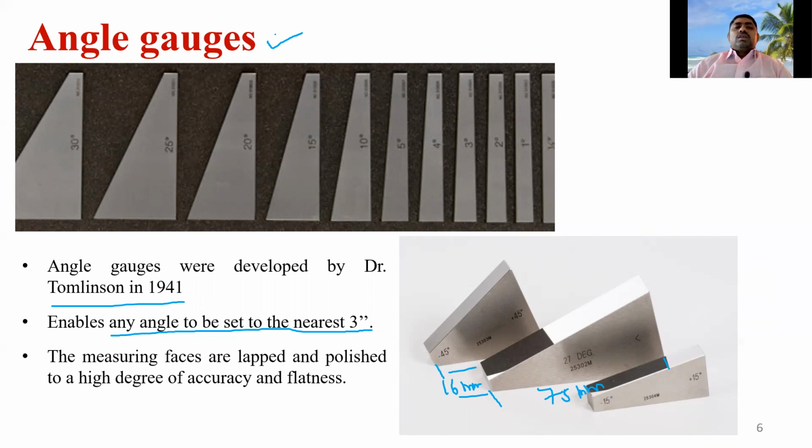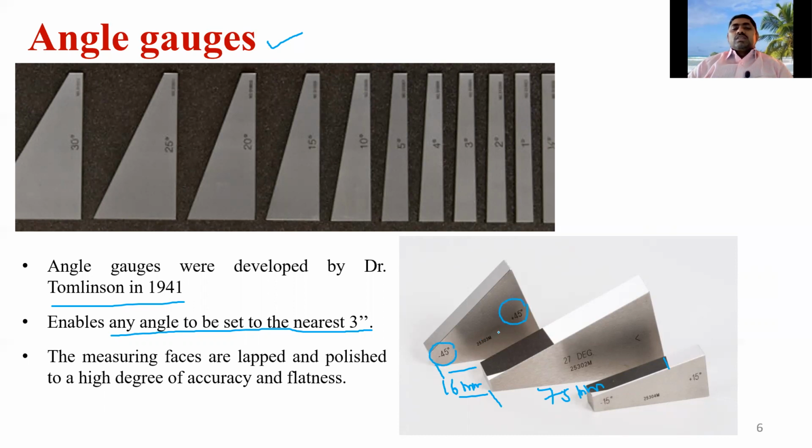These angle gauges differ from the linear slip gauges or linear gauge blocks in the sense that the ringing surfaces are not parallel to each other. They have a certain angle, and this angle is engraved on the sides of the angle gauge.